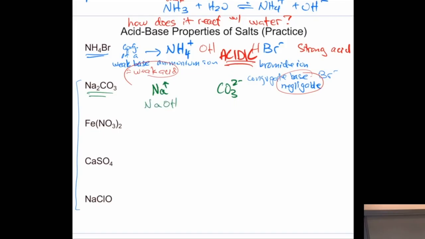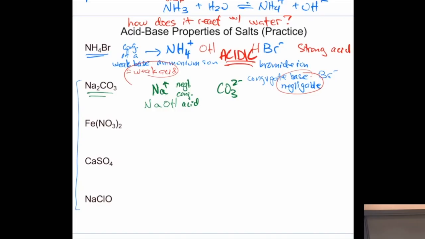Is sodium hydroxide a strong base or a weak base? It's a strong base, which means that this is going to be a negligible conjugate acid. Is that going to have any effect on the pH of the water? No. How about the carbonate ion? What are we going to add to the carbonate ion to figure out what acid it came from? Stick protons on there.